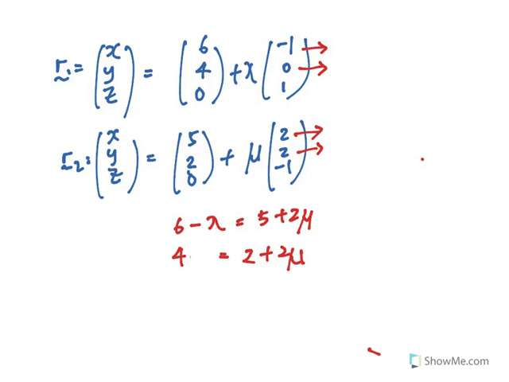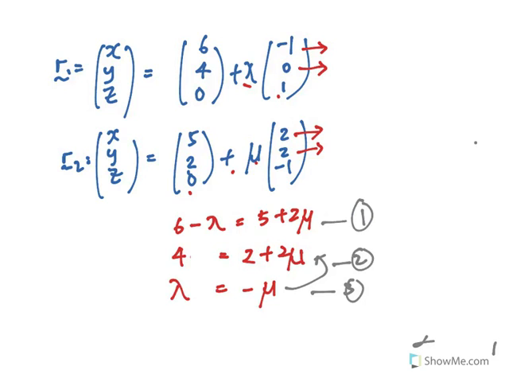The third entry, lambda equals 0 plus, equals negative mu. Very quickly, you can now do a simultaneous equation. Lambda equals negative mu, from equation 3, and then use equations 2 and 1.